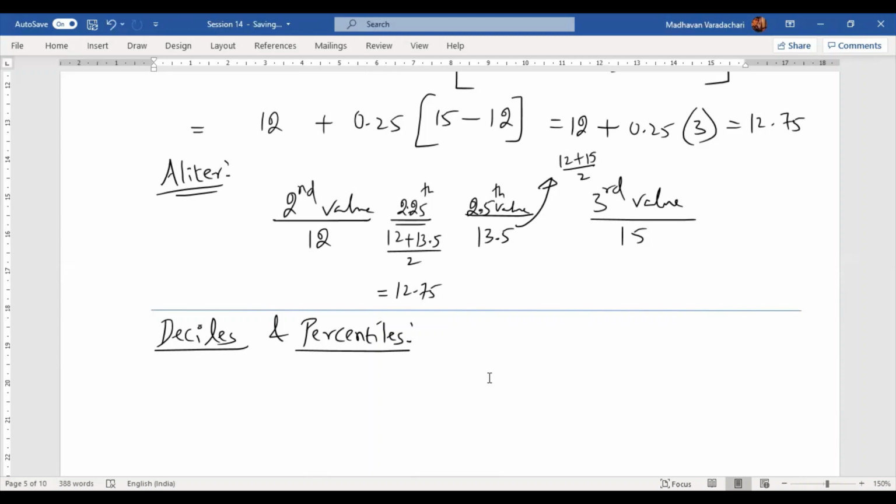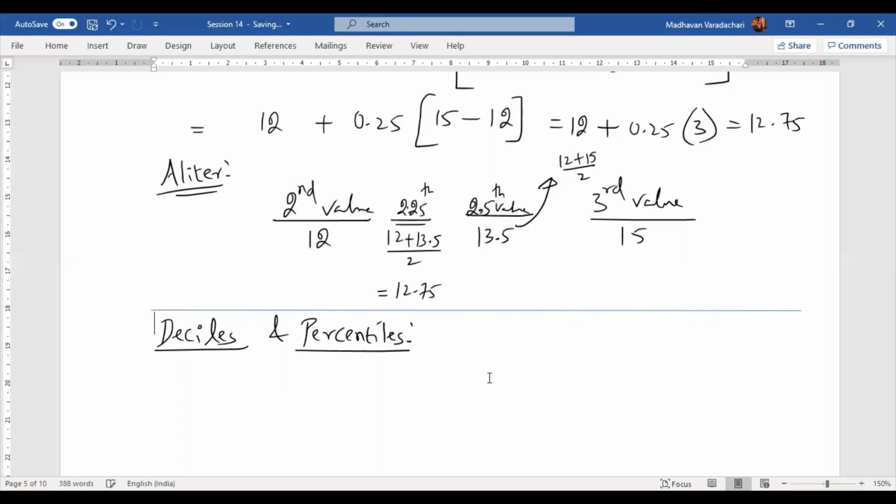In deciles, you divide the entire observations into 1/10: first 10% of observations, then first 20% of observations, then first 30% of observations, like that. Then you try to find out the central value, that is decile.